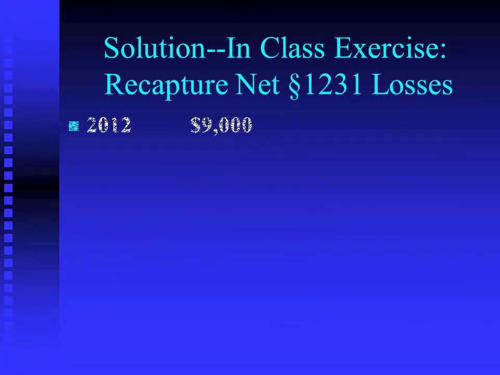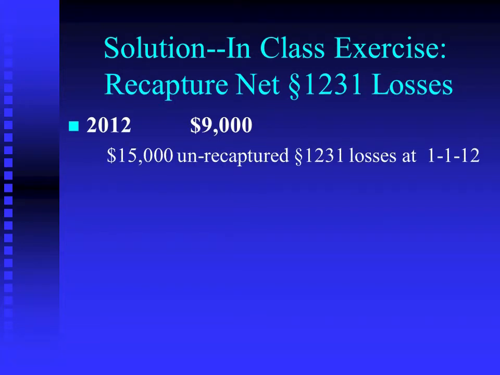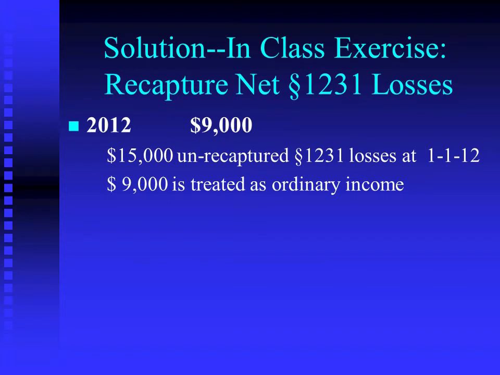So life is getting better. In 2012, I have another net 1231 gain, but I do have $15,000 of unrecaptured 1231 losses at the start of the year. So the entire $9,000 is going to be ordinary income, but it will reduce my IOU from $15,000 to $6,000. And then we're finally ready to answer the question.